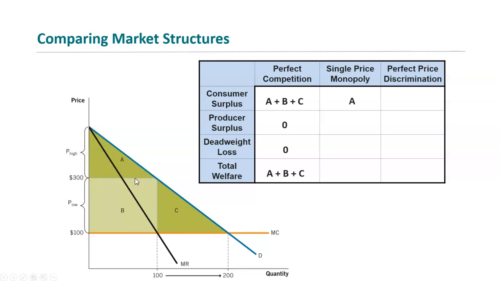And producer surplus is the space between the price and the supply curve, but only to the place where transactions occur, right? Remember, there's no surplus past a quantity of 100 in this case because there are no transactions happening past a quantity of 100. And so the producer surplus is just this box, box B, the space between the price of 300 and the supply curve, which is this flat marginal cost curve, right?